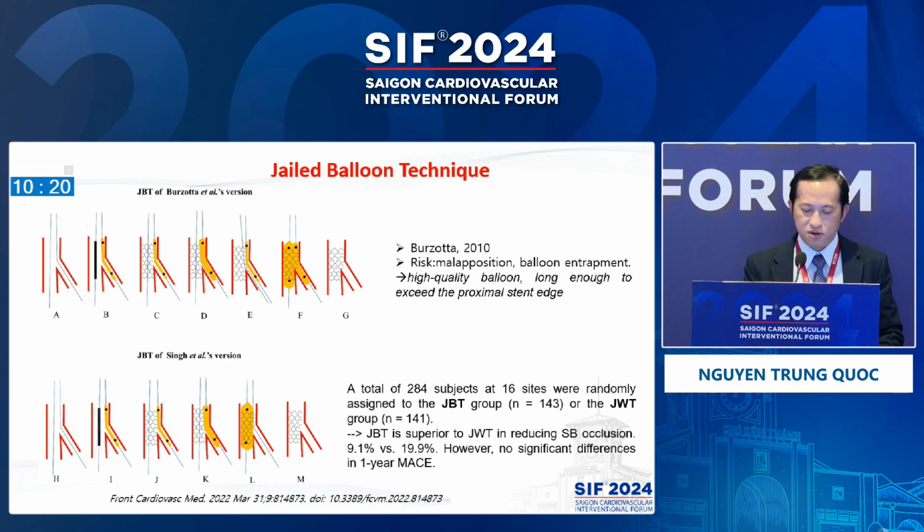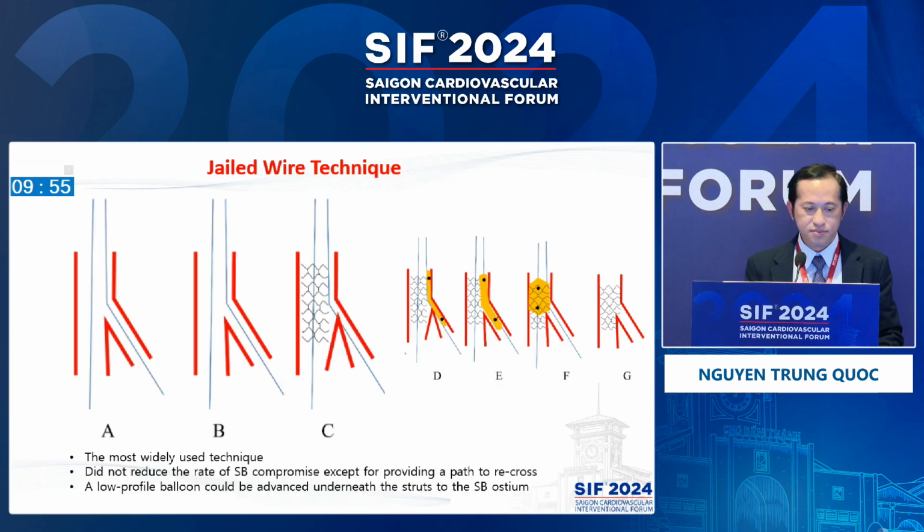They showed that the jailed balloon technique is superior to the jailed wire technique, reducing side branch occlusion. In the jailed balloon technique, the side branch occlusion was only 9%, and in the jailed wire technique almost 20% was occluded. However, there is no significant difference in 1 year MACE. After the jailed wire technique, we can use the balloon to dilate the side branch and do the POT.